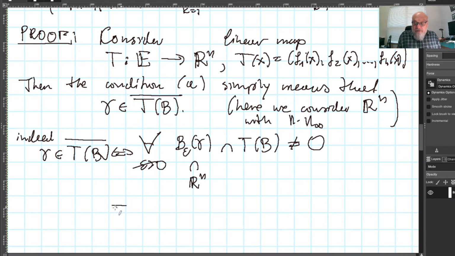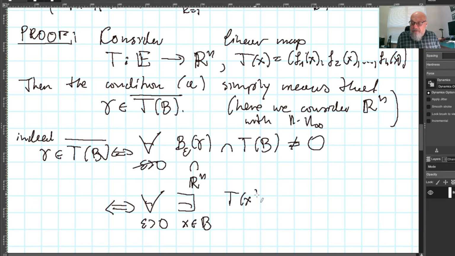And that of course is the same as for every epsilon larger than 0, there exists an x belonging to B such that T of x belongs to the epsilon ball of gamma.